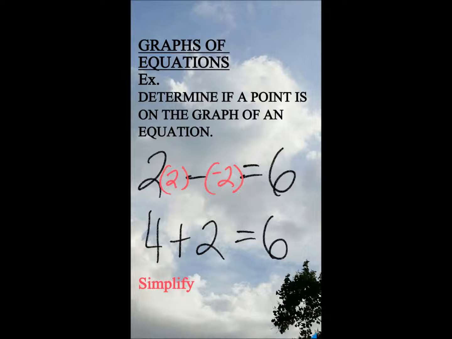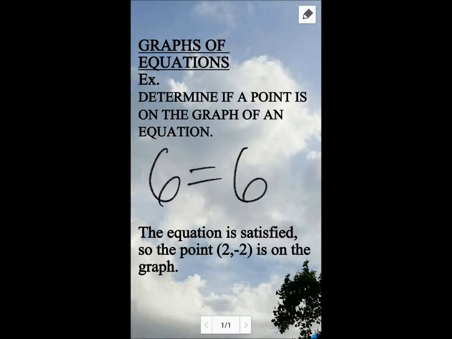We'll now determine whether or not this equation is true. 6 equals 6. It is proven to be satisfied. It is true. The equation is satisfied, so the point 2 and negative 2 is on the graph. We have determined this without ever even seeing the graph.